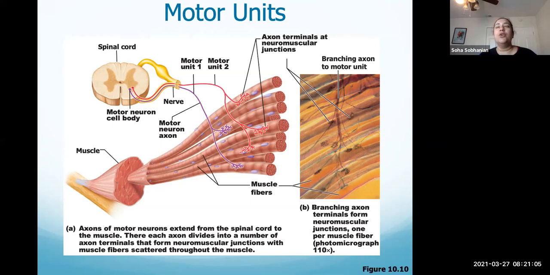Now think about your thigh muscles, like your quads or your hamstring, or your biceps or your triceps. These are gigantic muscles with the goal of not creating expression, but creating force, right? You want to lift something, you want to run, you want to bike, you want to jog. So the goal of those motor units is not to make small or fine movements, but to create a lot of force.